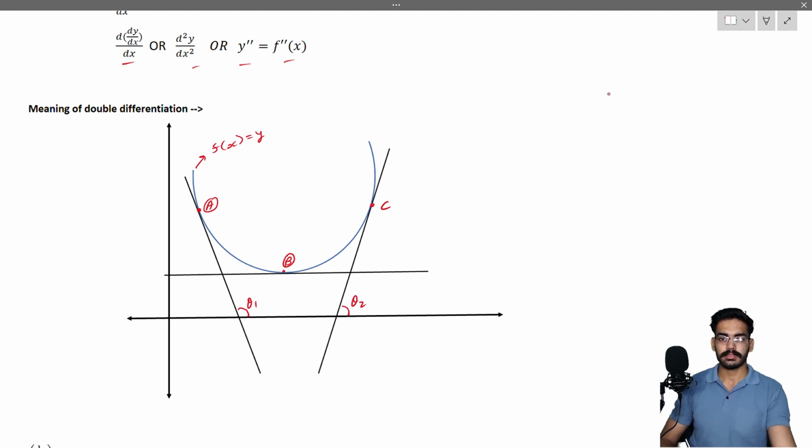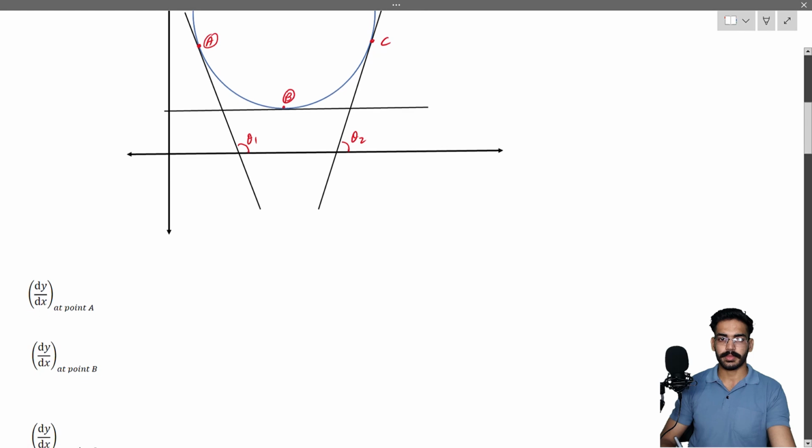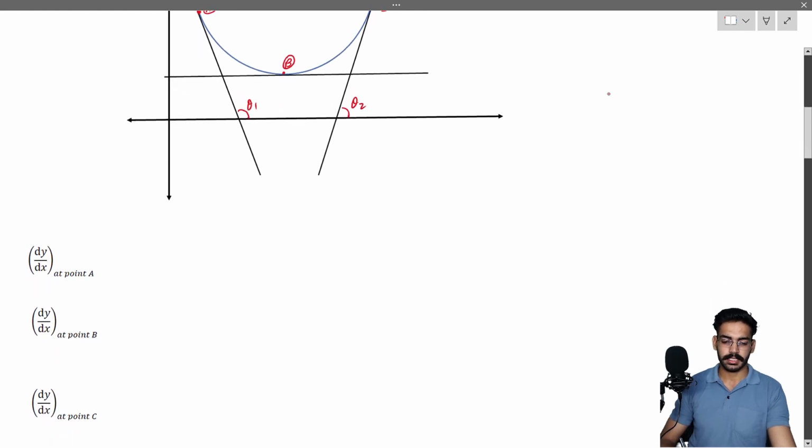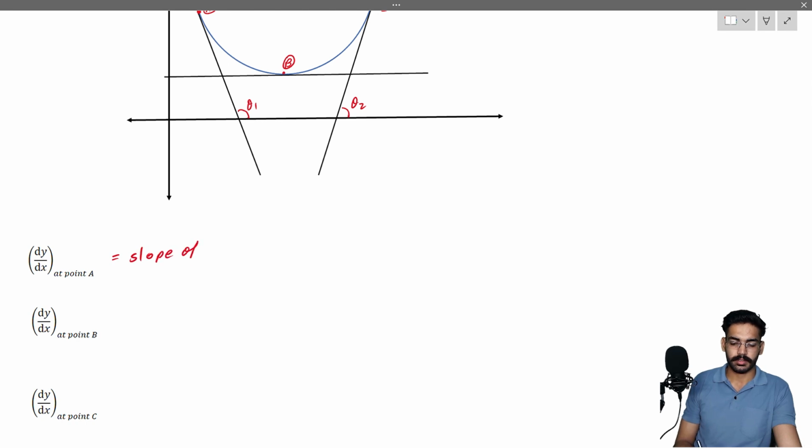Now, what is the meaning? At point A, dy by dx is the slope of the tangent at point A, which is negative, since tan theta 1 is negative.